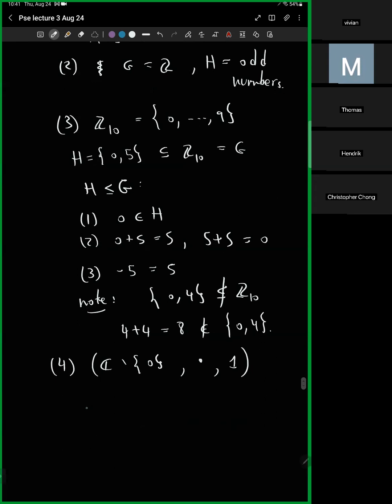Then I claim that S1 is a subgroup of these complex numbers. This is denoted as C with a cross above, the multiplicative group of the complex numbers.